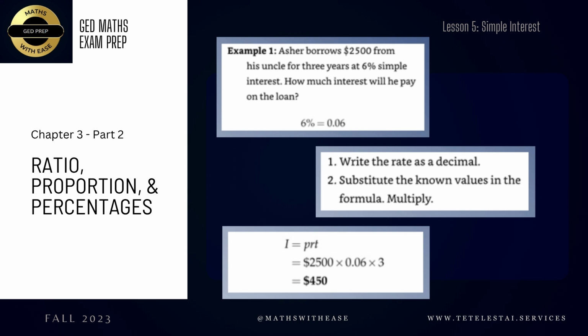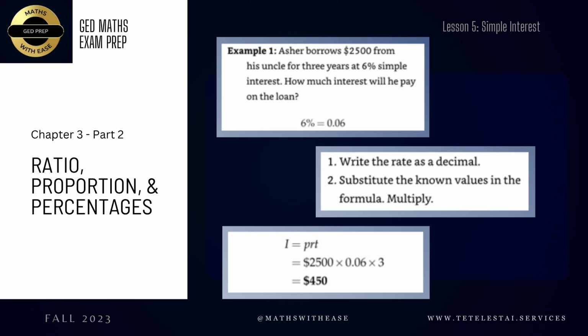Then you want to substitute the known values into the formula and multiply as the formula prescribes. We know that interest equals the principal times the rate times the time. In this example, the principal is $2,500, the amount that Asher borrowed from his uncle.